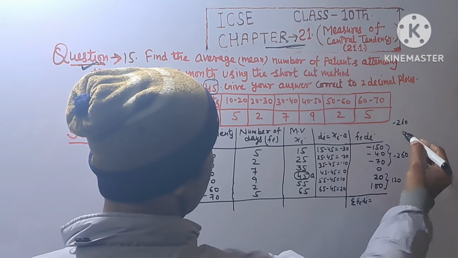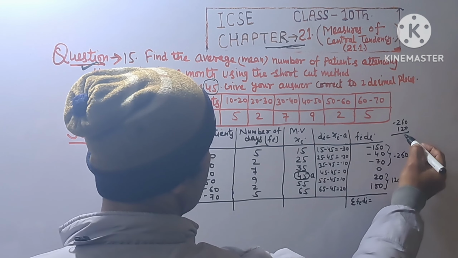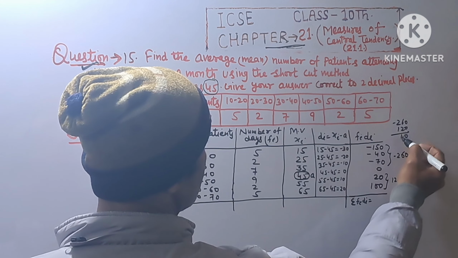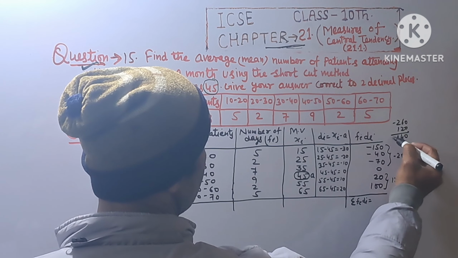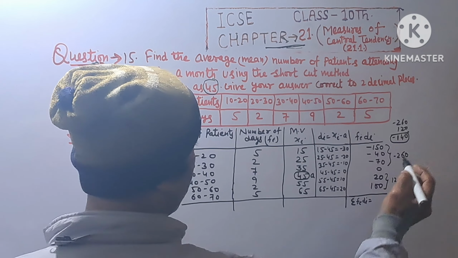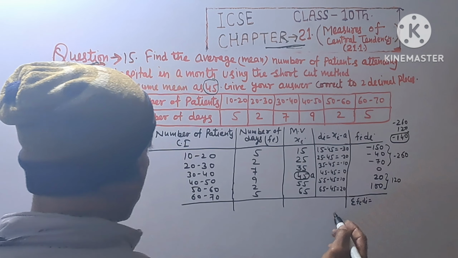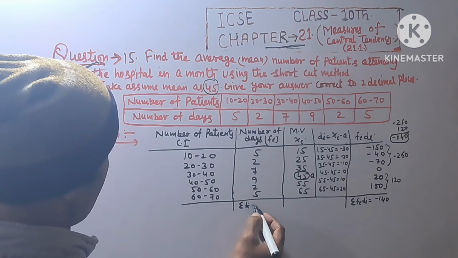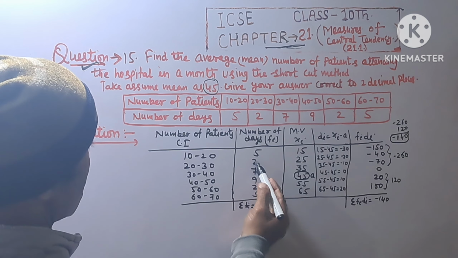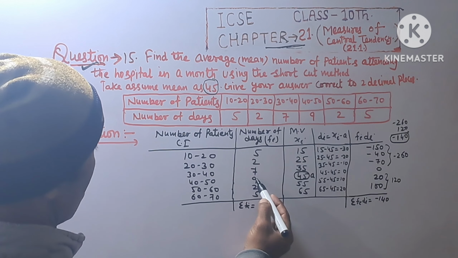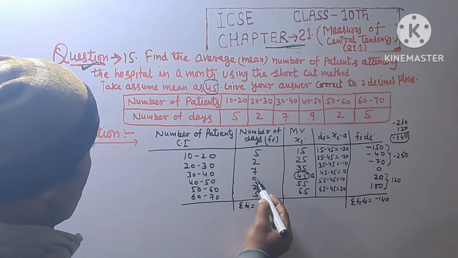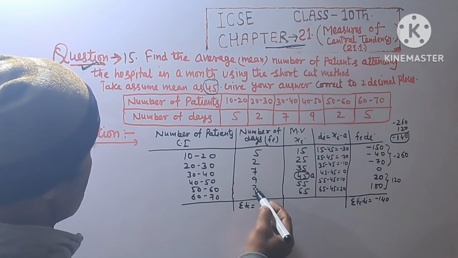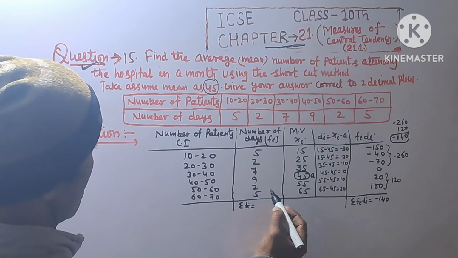Minus 260 plus 120 is equal to minus 140. And sum of frequency fi equal to 5 plus 2, 7, plus 7, 14, plus 9, 23, plus 2, 25, plus 5, that is equal to 30.